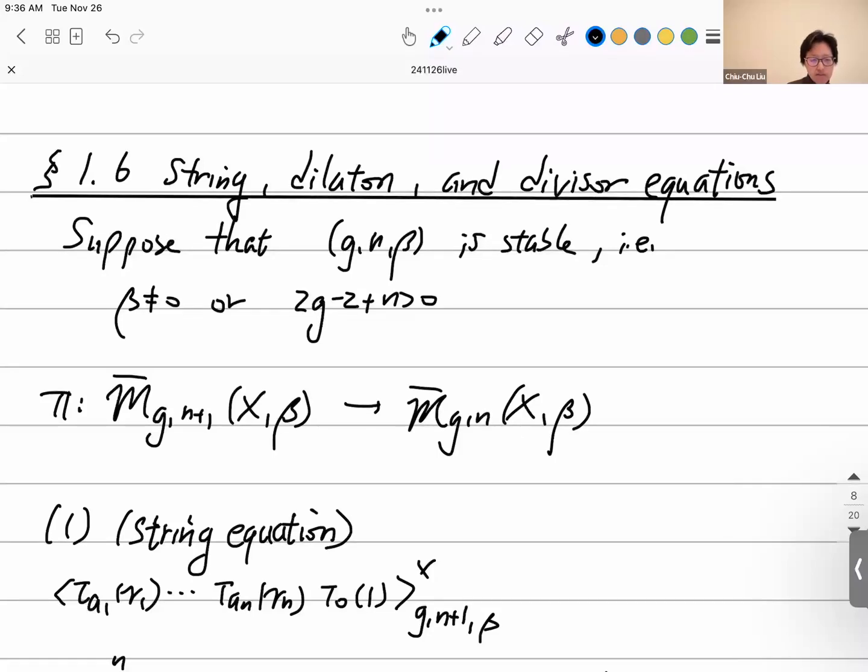This map can also be identified with the universal curve over M bar g,n,beta.